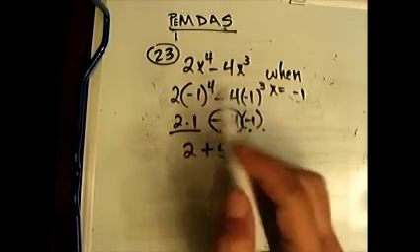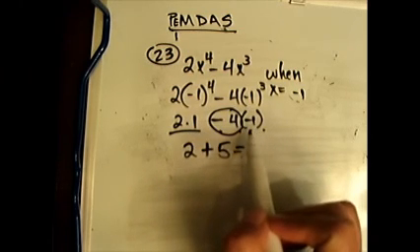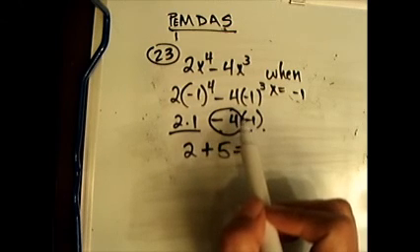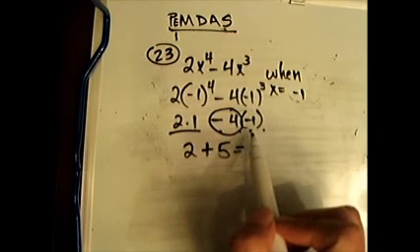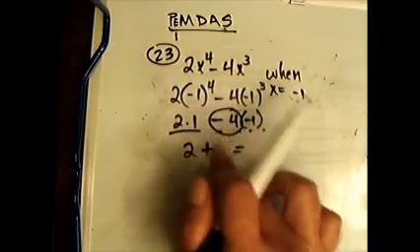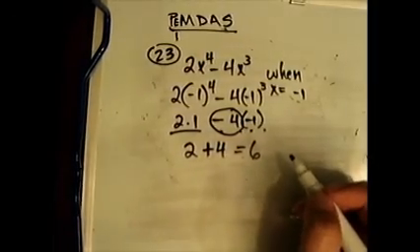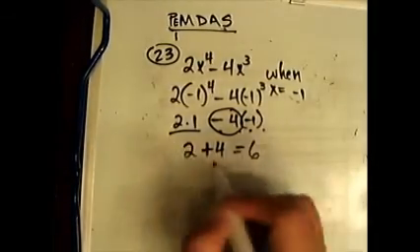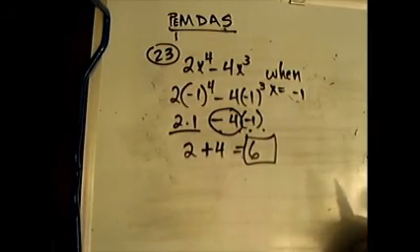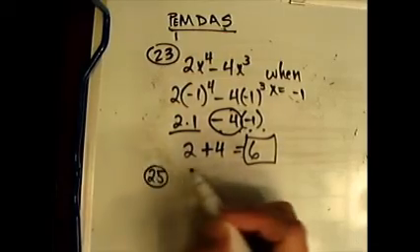I messed up somewhere. Oh, 4 times 1 isn't 5. Here you go. Sorry about that. Yes, I get brain farts too. So, anyways, your answer is 6. There we go.